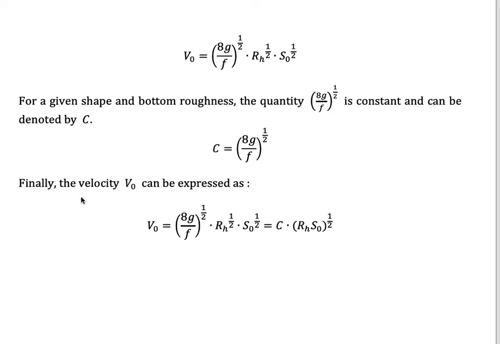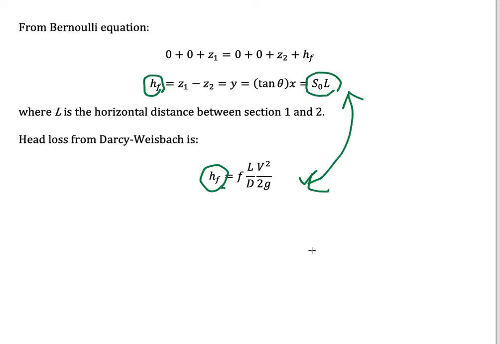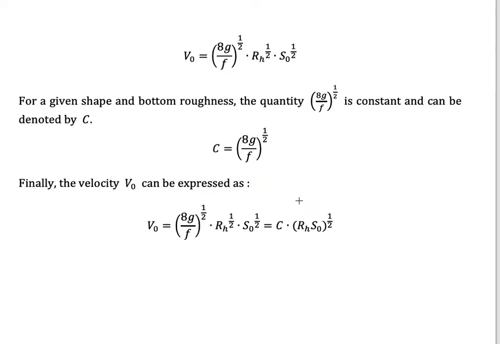Okay, I'm sorry. After we substitute all of these, we rearrange this equation. If you want to do this at home, we have the diameter here, and we change it into the hydraulic diameter. We have the equation from last time, and then we can simplify it as this one.